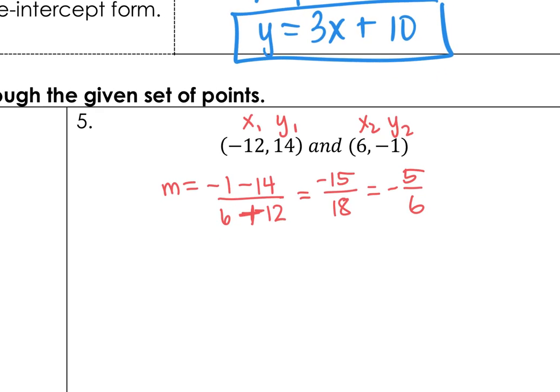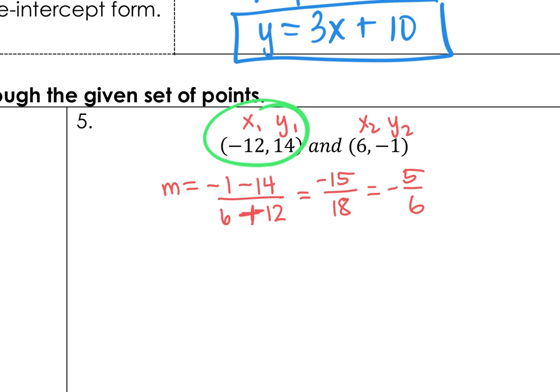All right. Very good. So now here comes the new part. Because now I know the slope and I can use one of my points and I'm going to plug it into that new point slope form that we've been talking about.